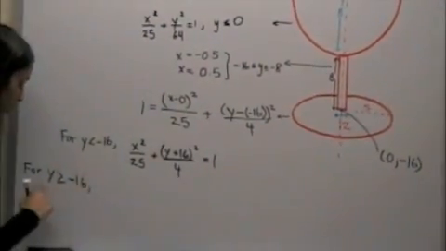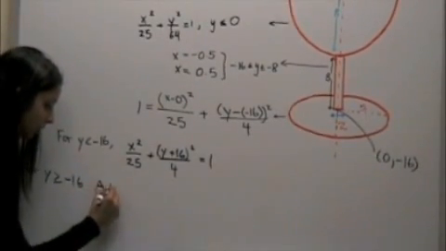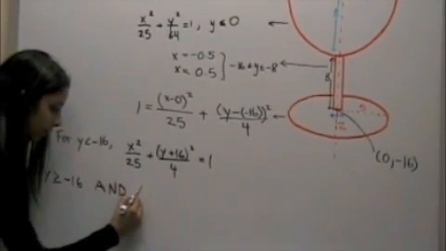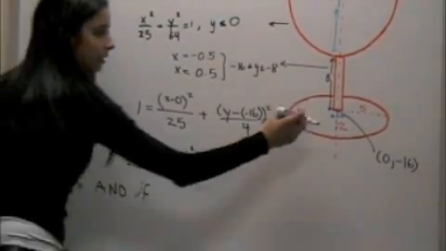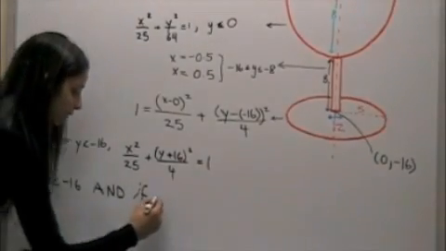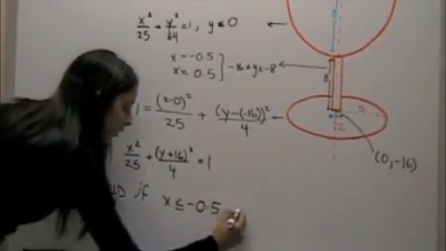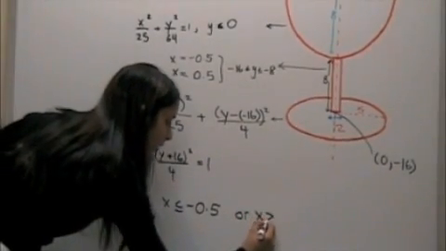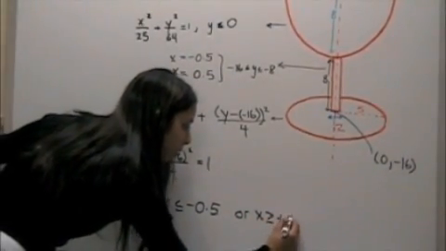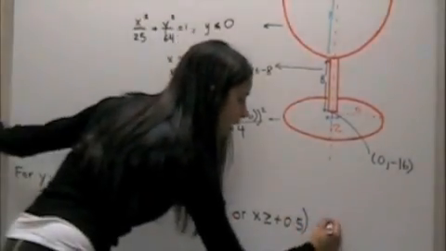So for y greater than or equal to minus 16, if x is either less than minus 0.5 or x is greater than or equal to positive 0.5, we want to again draw our ellipse.